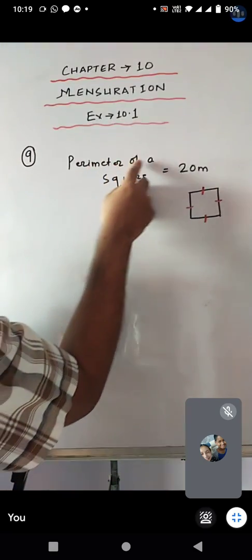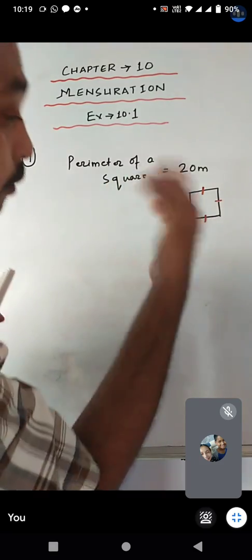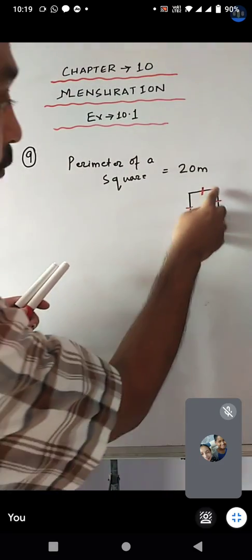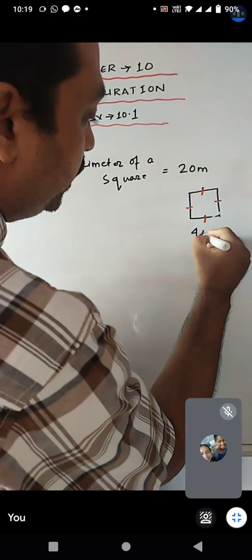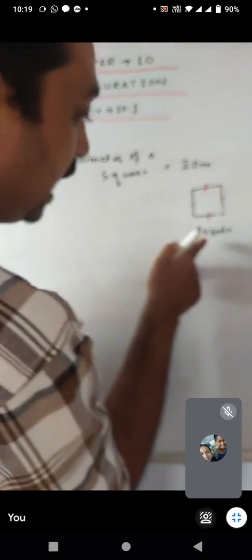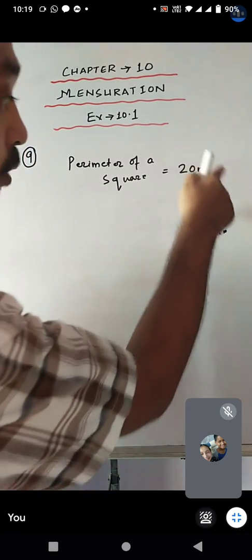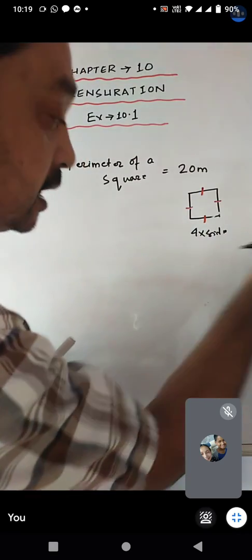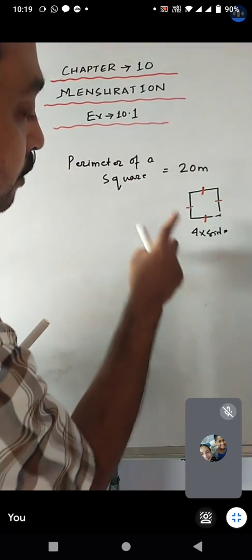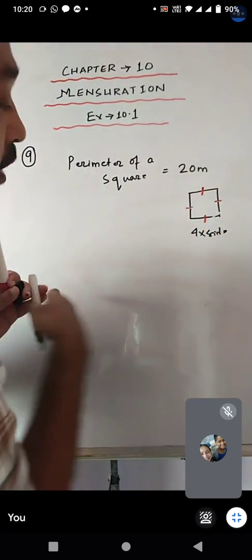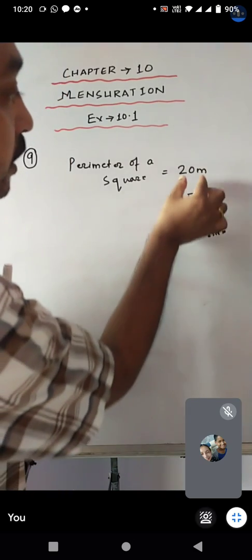We know that when all the sides are equal, the perimeter of a square would be 4 into side, as we did in the last sum, regular hexagon, 6 into side.